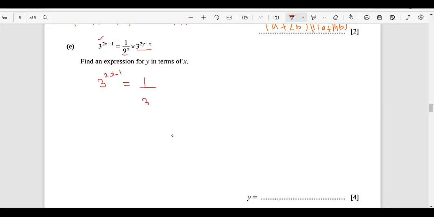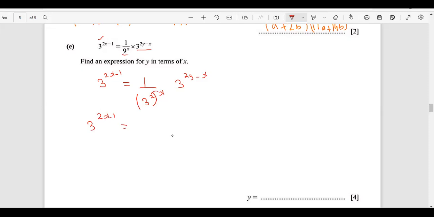So I can write it down as 3 squared. And I have x already. And then this was 3 to the power 2y minus x. Let's do another step first. Let's just multiply 2 and x. This would be 2x minus 1 equals.